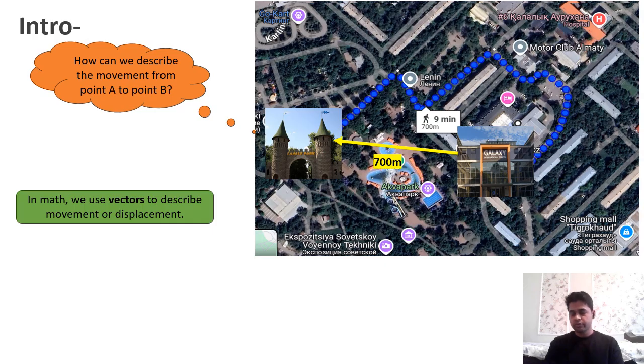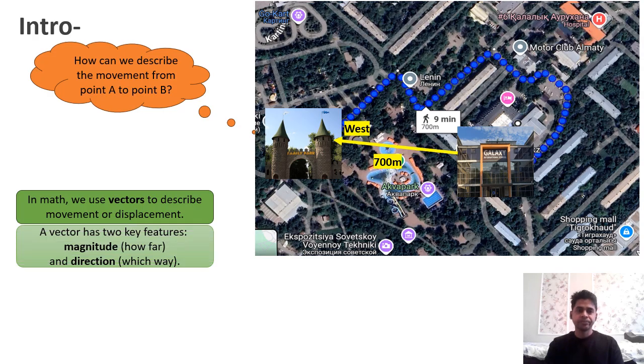To describe the movement from Galaxy International School to Family Park, I need only two things. One is distance, which can be the magnitude, and the other is direction.